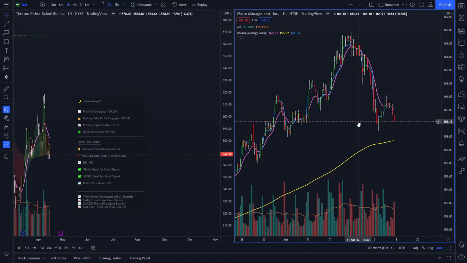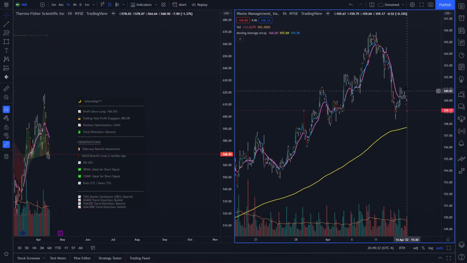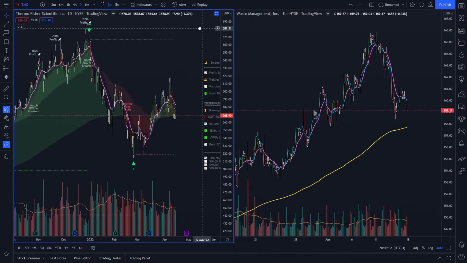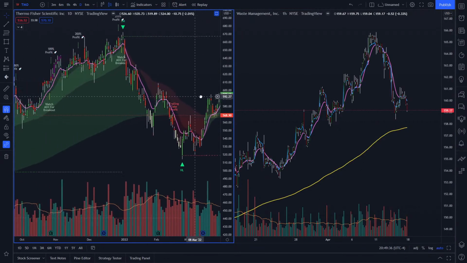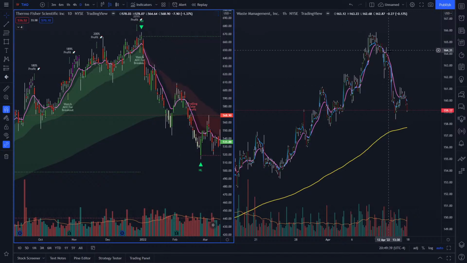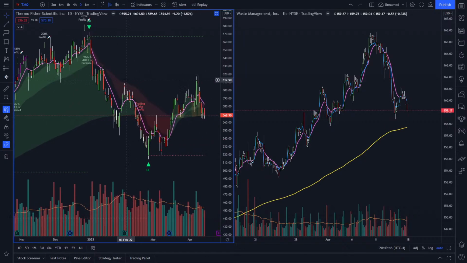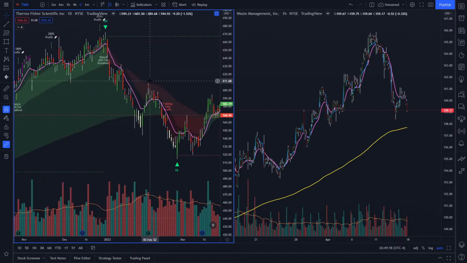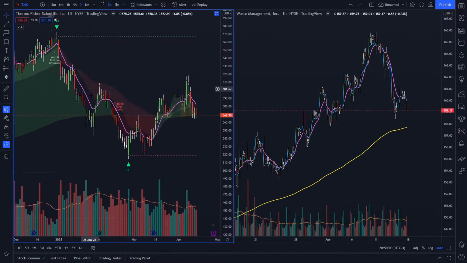Best case scenario for Waste Management, we start to pick up over that 161 level again, because essentially this is what Waste Management is doing right now. However, when we broke over this point right here, we established that this was not going to be a lower high, but actually a higher low.